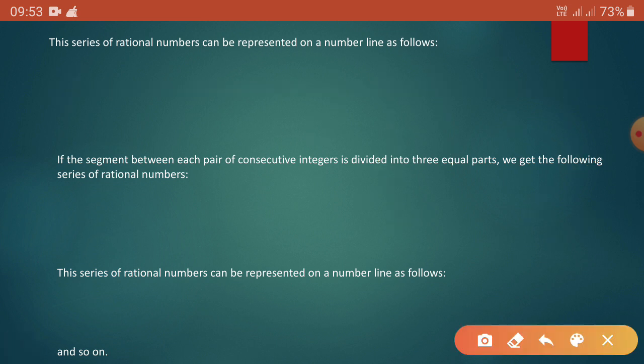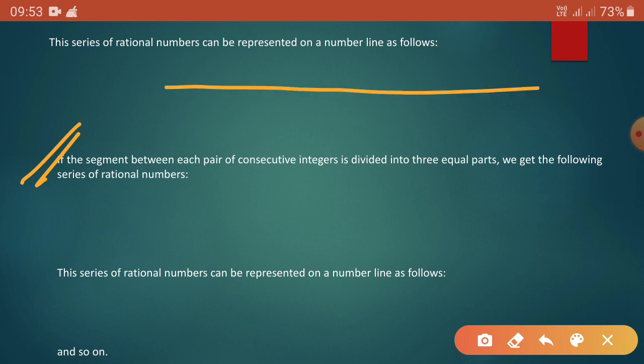Now we are taking the second one. The question is, if the segment between each pair of consecutive integers is divided into three equal parts. In the upper portion we are taking 0, suppose it is 1, and suppose it is 2.